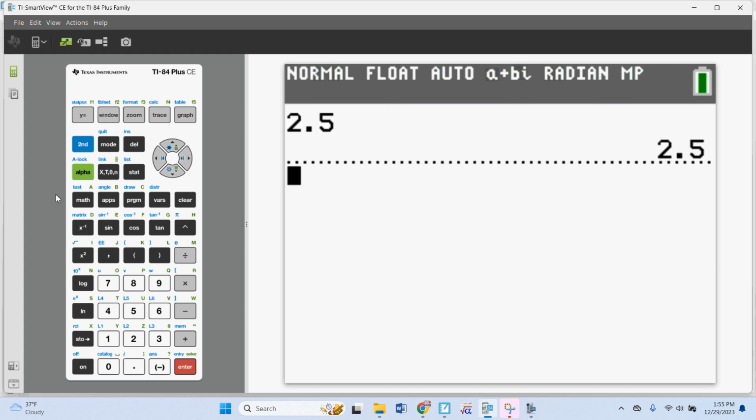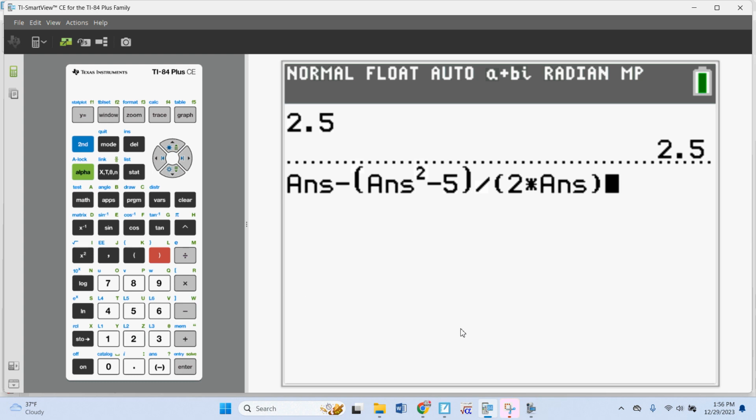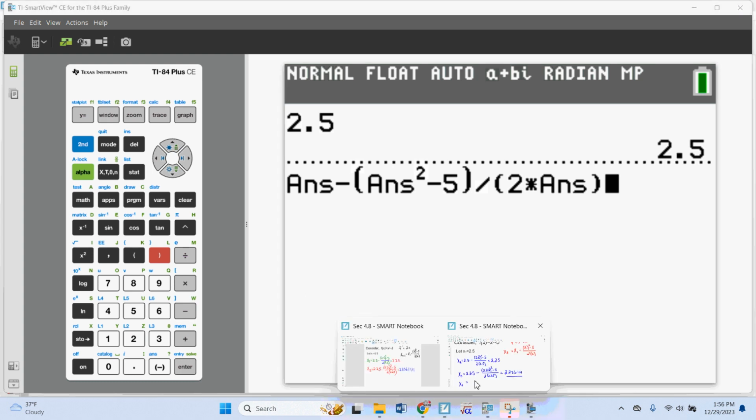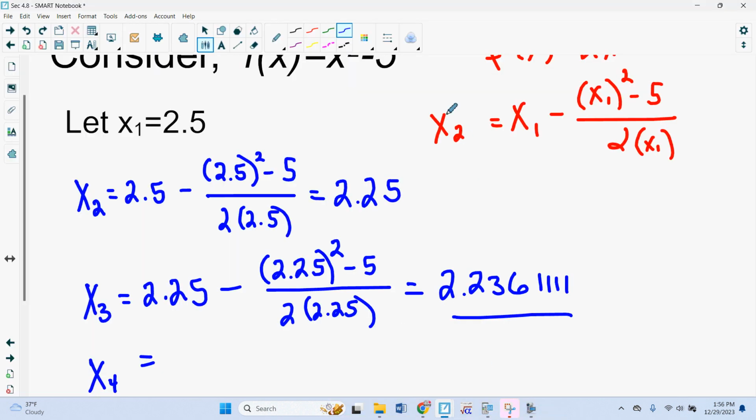And then our formula from Newton's method is going to be x sub 1, which is my answer, minus my answer squared minus 5 divided by 2 times my answer. So if you look at that, that formula right there is this formula right here.